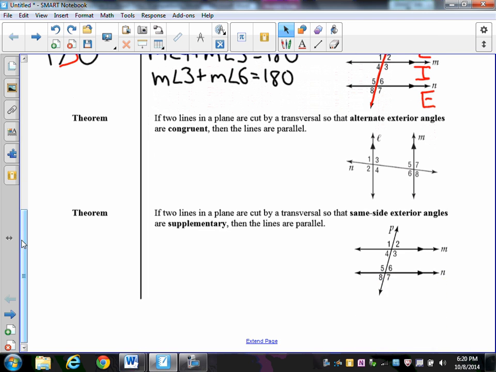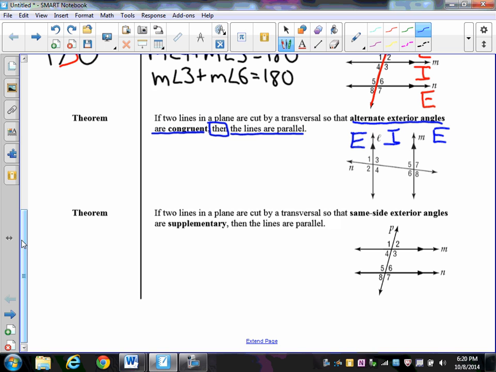So we have two more theorems that are just like this, and you should be getting the idea. If two lines in a plane are cut by a transversal so that alternate exterior angles are congruent, then the lines are parallel. Once more, we have exterior, interior, exterior.